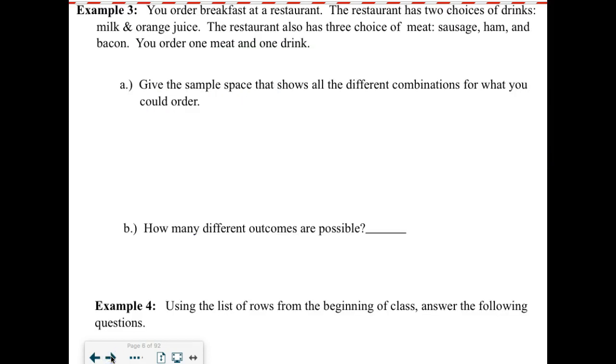Let's move on. Alright, you order breakfast at a restaurant. The restaurant has 2 choices of drinks. So, let's wonder what type of drinks you can pick. I'm going to write down milk and put an M as my key, because I don't want to write milk down 50 billion times.